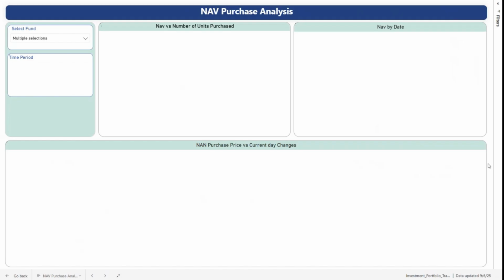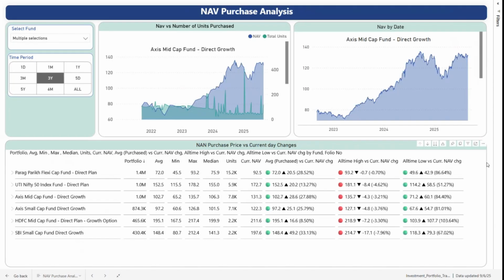What it means is, this is for someone who is really interested in how to make the decision on lump sum investment. I have given this in the post also. Let's take an example, let's say Parag Parikh Flexi Cap Fund.